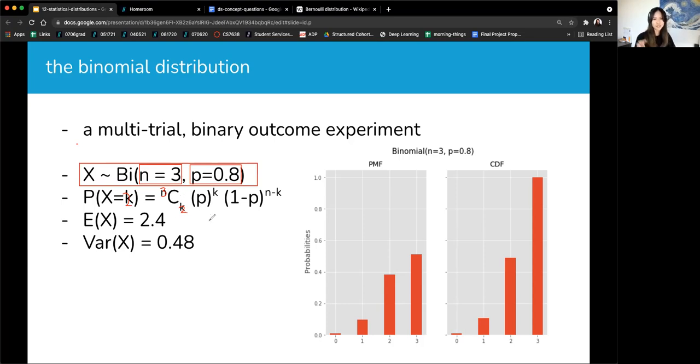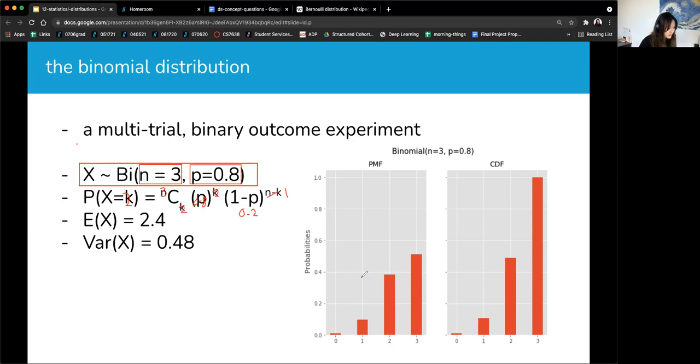So the number of ways that you can choose 2 out of 3, multiplied by 0.8, which is p, to the power of k, which is 2, and then you have 1 minus p, so in this case, 0.2 to the power of 1. You work out this formula, and you'll be able to get the probability.